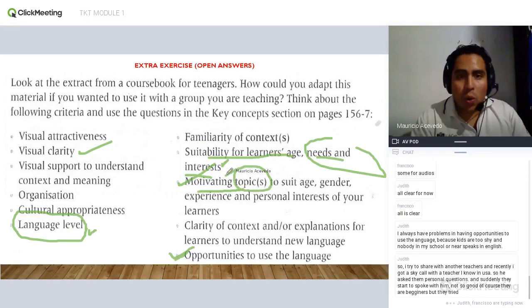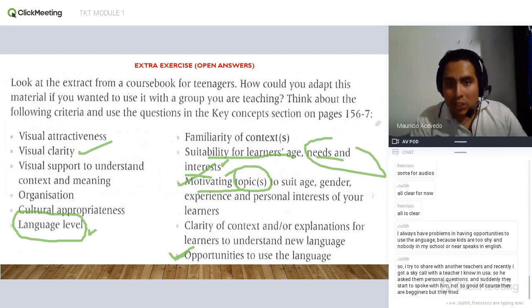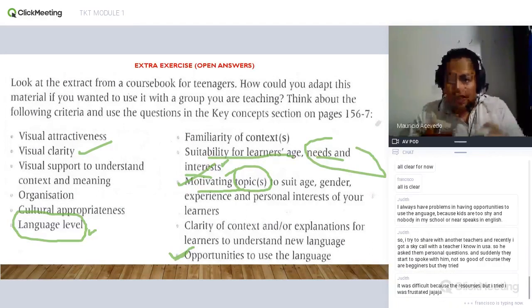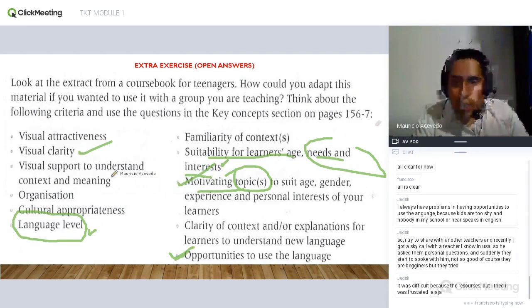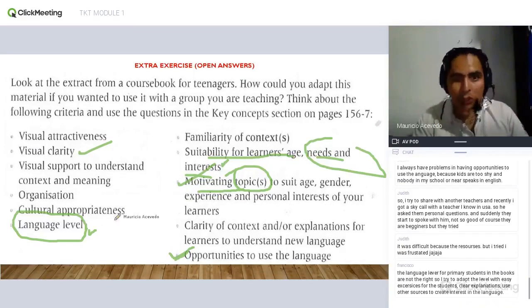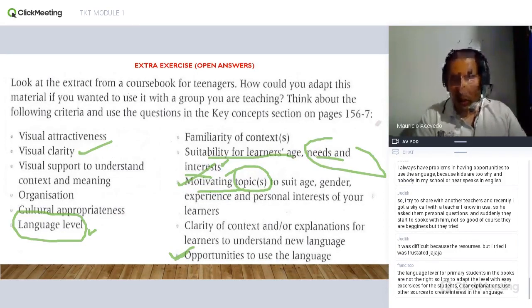Here it says motivating topics, but it's okay because you are motivating them. And you are telling me that you want to make them use the language, right? So you are also giving them opportunities to use the language.